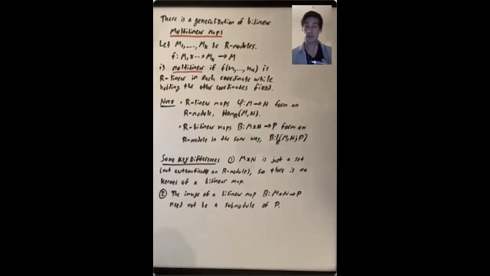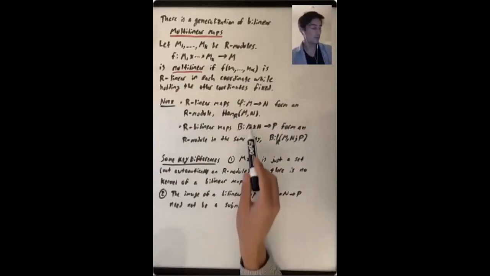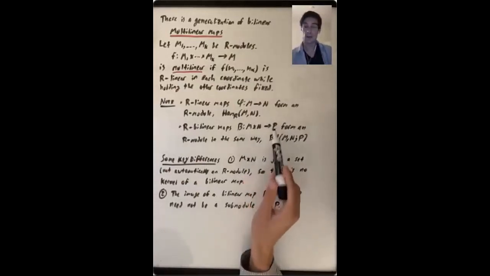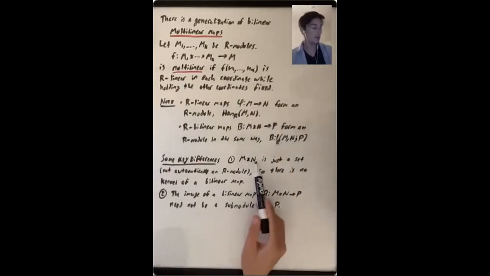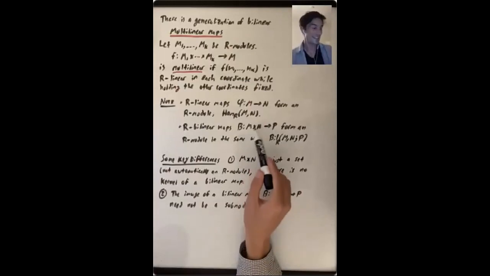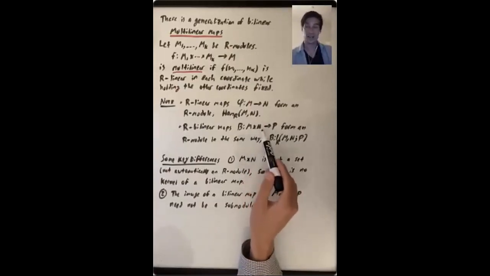All right, so it's not true that everything that we know about R module homomorphisms carries over to bilinear maps. So for example, if you have a bilinear map that goes from M cross N to some R module, M cross N is just a set. We're taking this direct product, this thing that is the domain here is just the set of pairs little m comma little n.